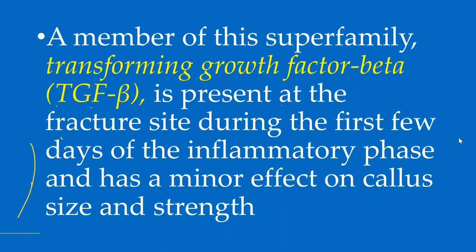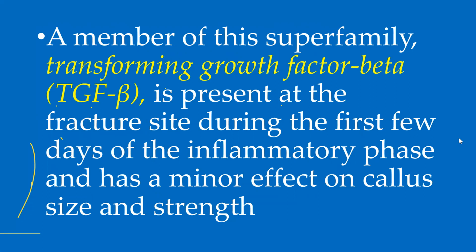Remember, this superfamily, transforming growth factor beta, TGF beta, is present at the fracture site during the first few days of the inflammatory phase and has a minor effect on callus size and strength. So don't forget about the platelet growth factor. Don't forget about the BMPs.